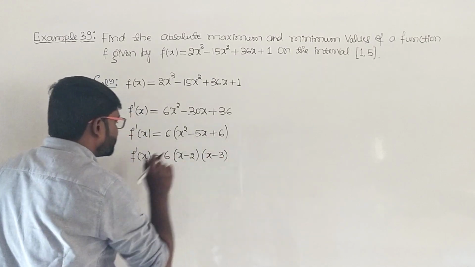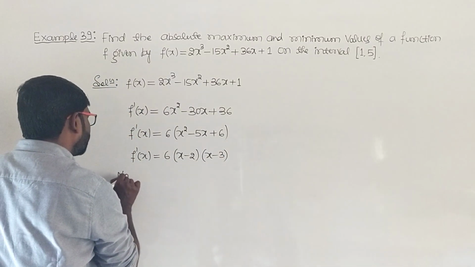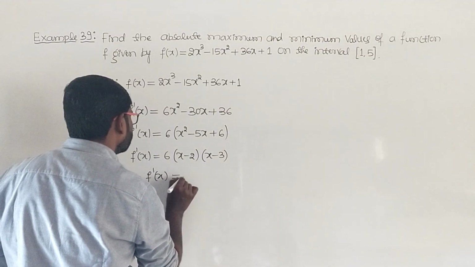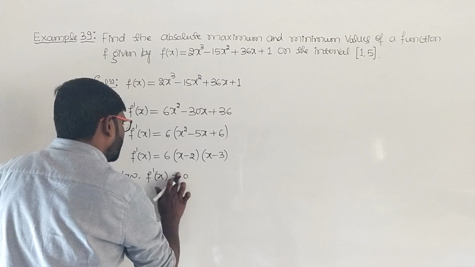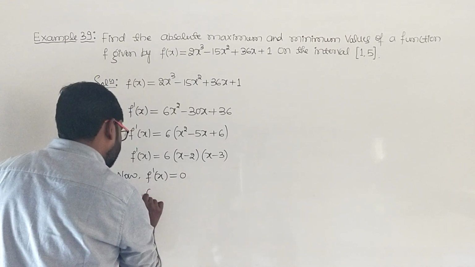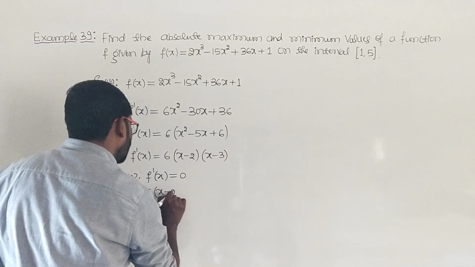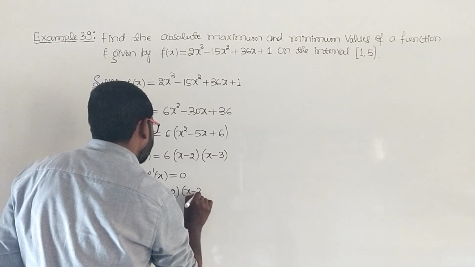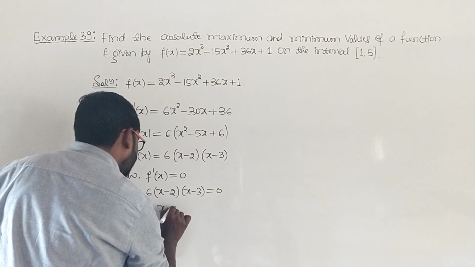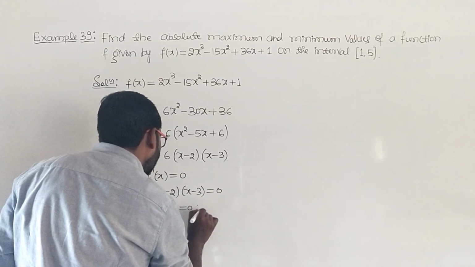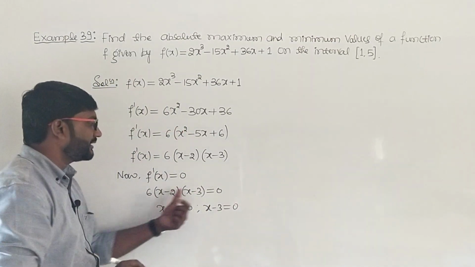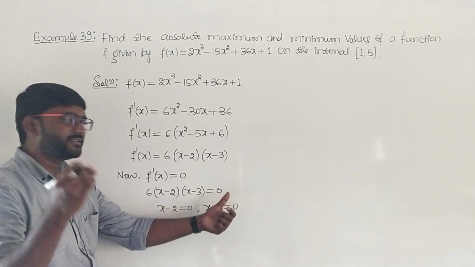So equate this with 0 to get the critical points. f dash of x equal to 0, so 6 times x minus 2 into x minus 3 equals 0. We get x minus 2 equal to 0 and x minus 3 equal to 0, because if we take 6 to the RHS, it goes to the denominator, and 0 by 6 is always 0.